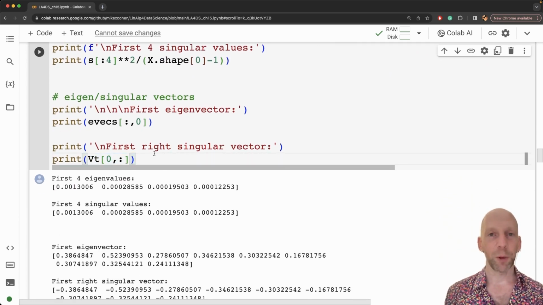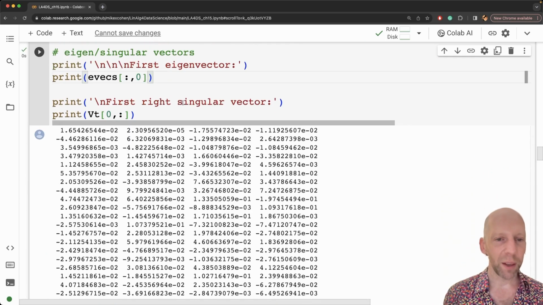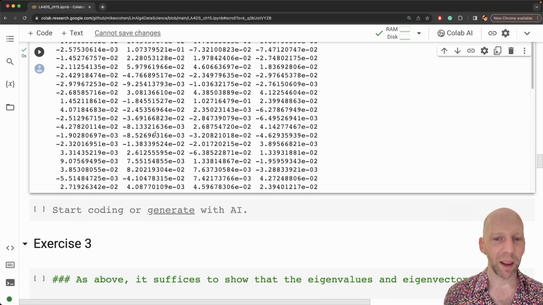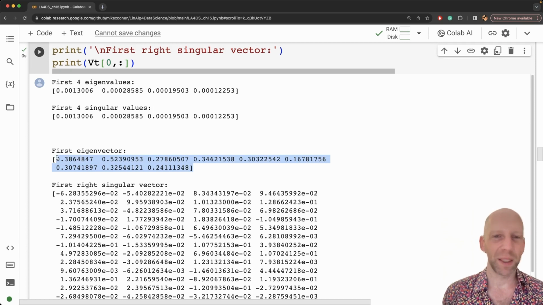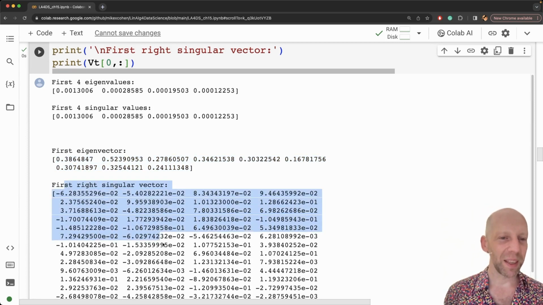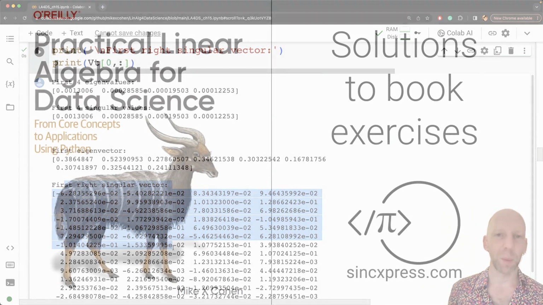You know that when you do a PCA, the number of weights in the singular vectors or the eigenvectors needs to correspond to the number of features in the data. So if we would, actually, I can just keep running it like this. Now you see that the first right singular vector is really, really large. So these are obviously not the same, and that's because this is the SVD of the data matrix transpose, which is mathematically valid, but it's just less easy to interpret because it's the component over time instead of over feature.